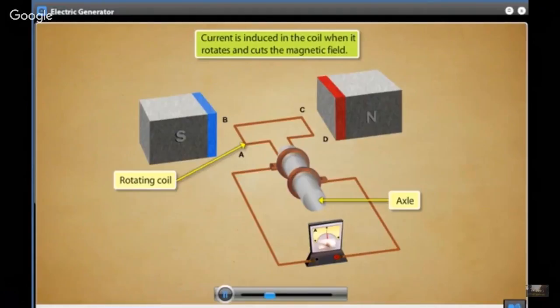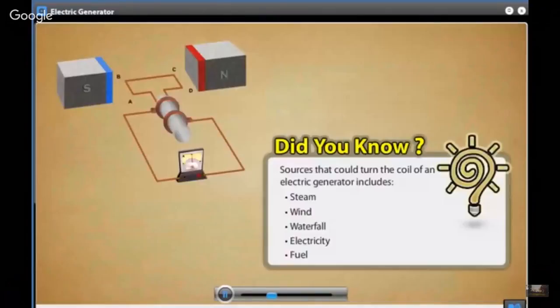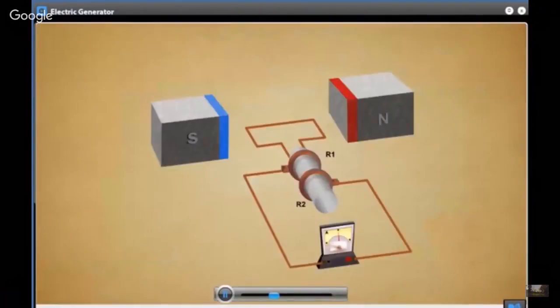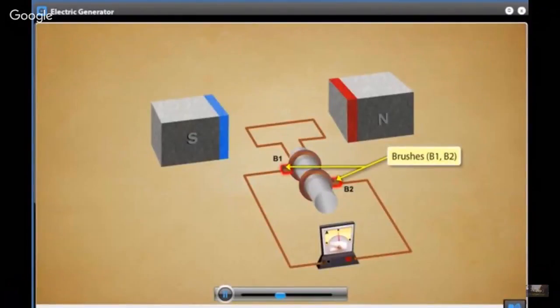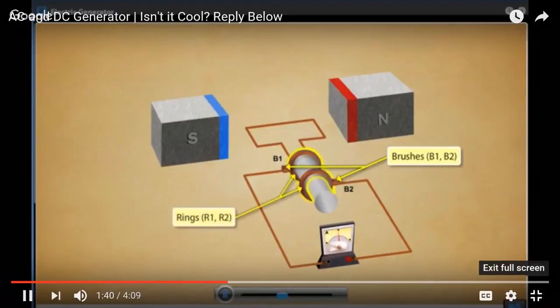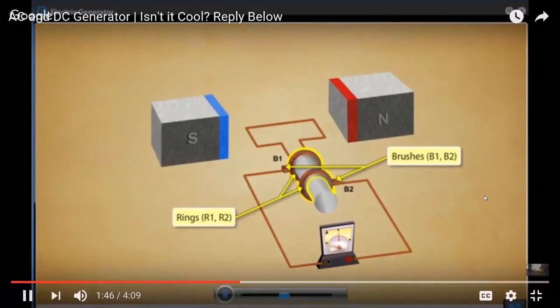This induces a current in the coil. The 2 ends of the coil are connected to 2 separate rings attached to an axle. The inner sides of the rings are insulated from each other and the axle. 2 conducting stationary brushes, V1 and V2, touch the external conducting edges of the 2 rings. These brushes are generally made of carbon or copper.